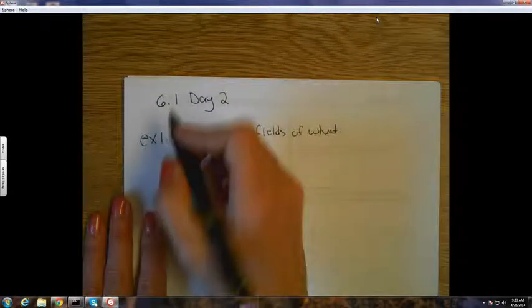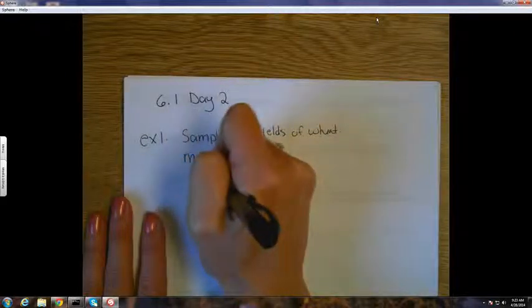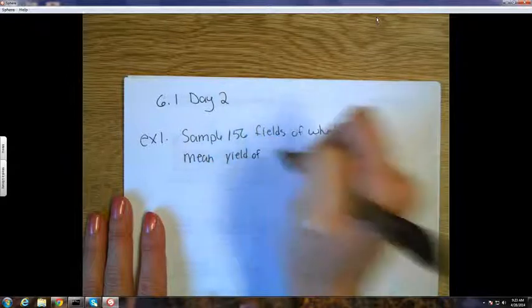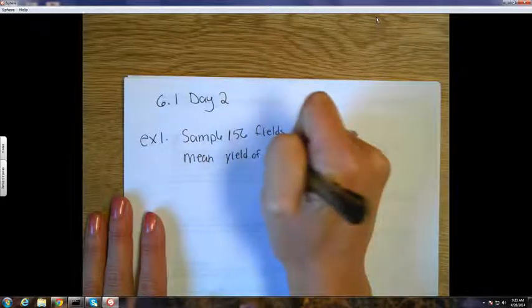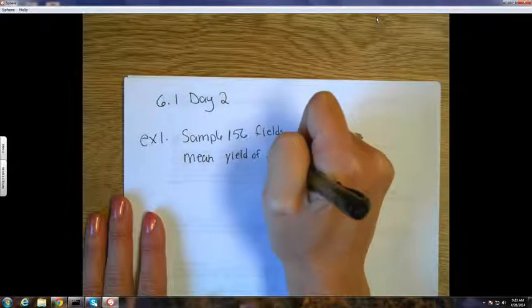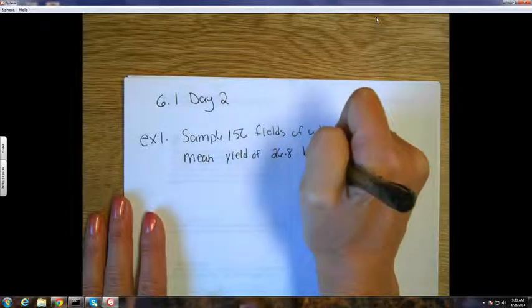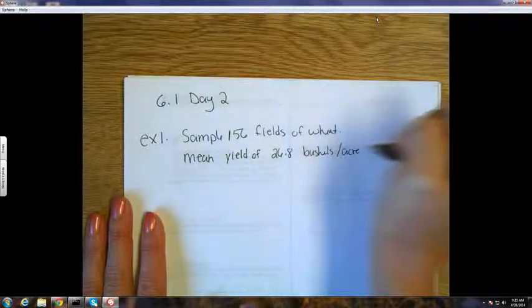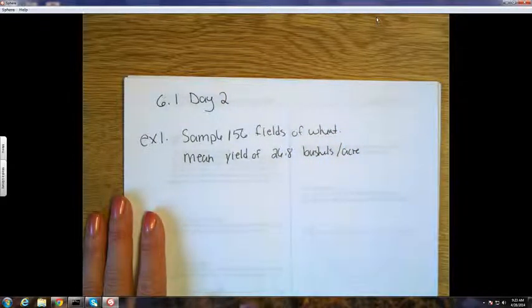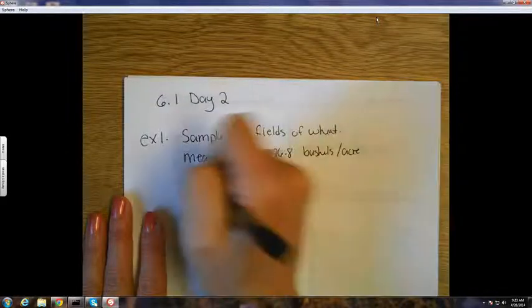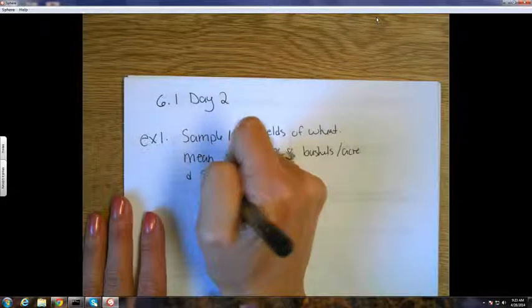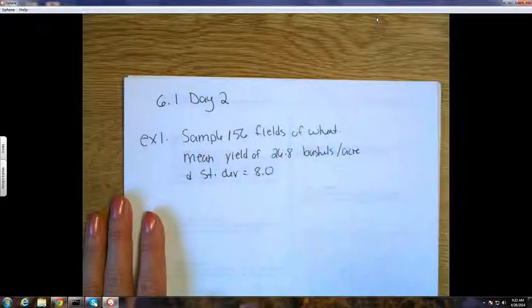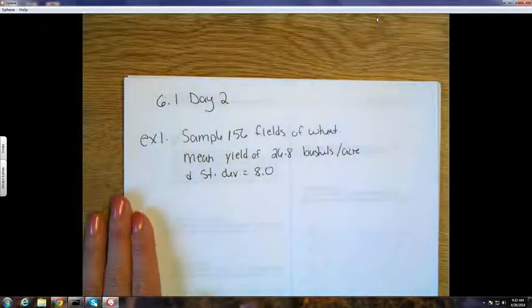They had a mean yield of 26.8 bushels per acre, and a standard deviation of 8 bushels per acre.